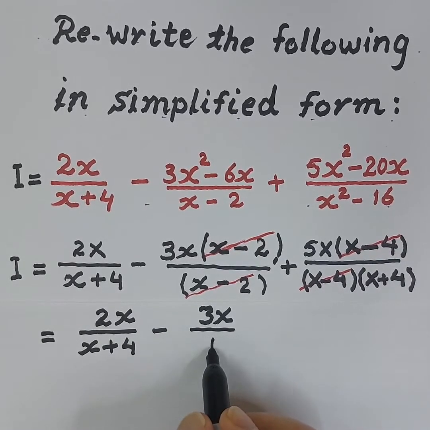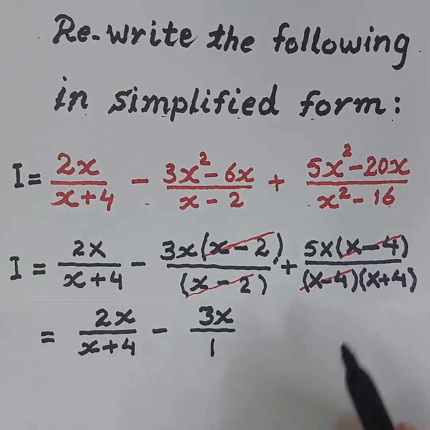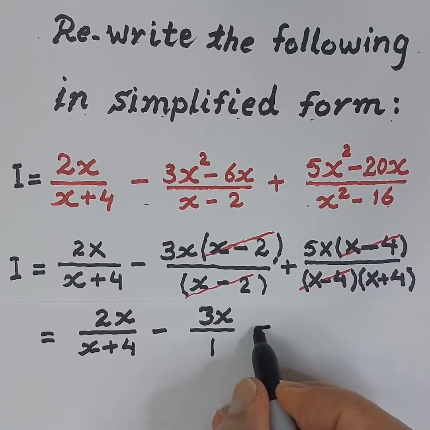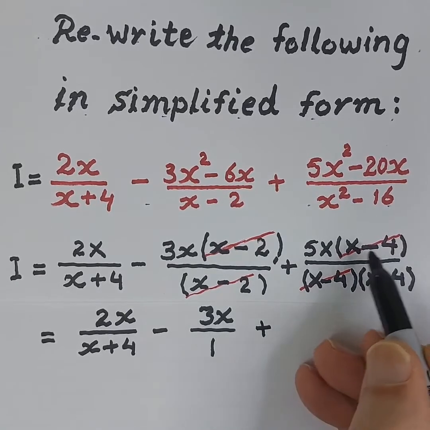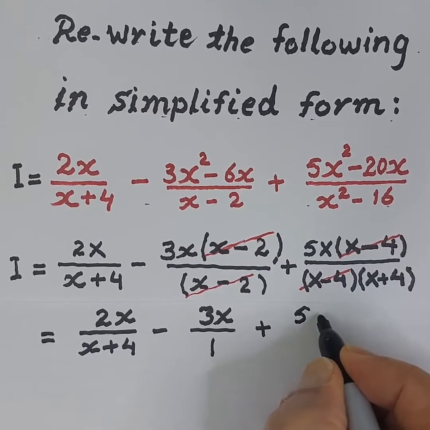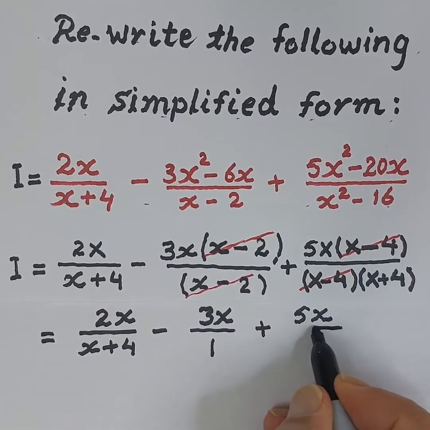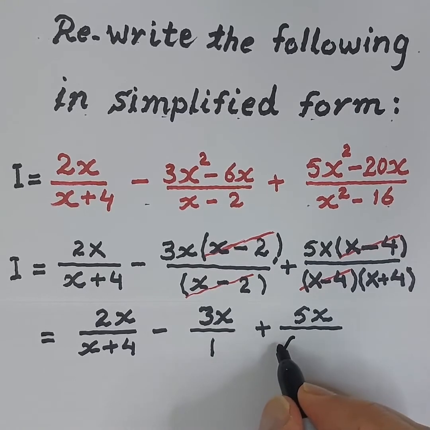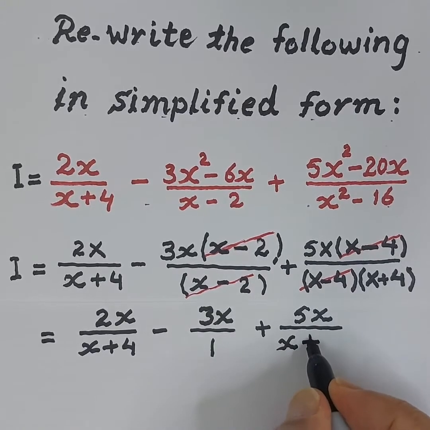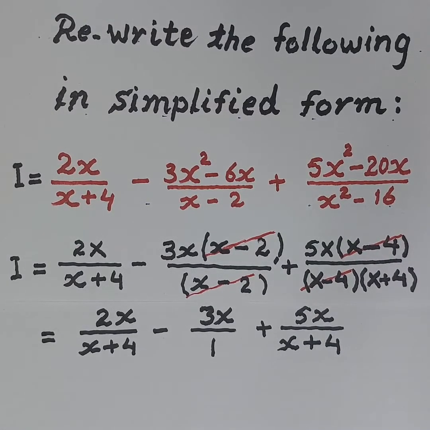Let me write 1 here because we will use it later. Plus here remain 5x and in the denominator remain x plus 4. Okay, we now put all the quantities in the simplest form.